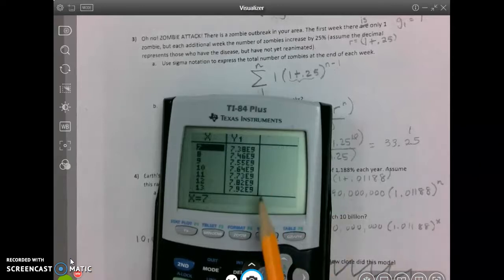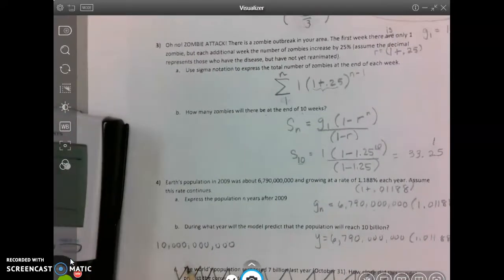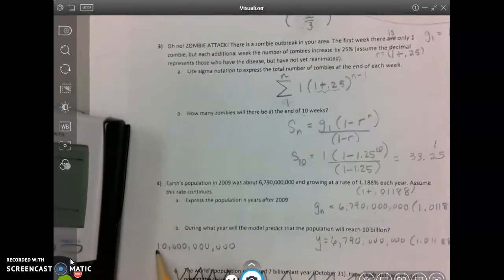Now notice it says e to the 9. That means I'm going to move it over 2 places and add 7 zeros. So they're probably going to have 10.00 e to the 9. That would be 10 billion.